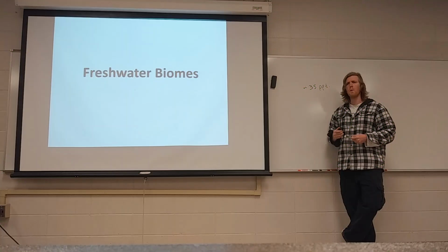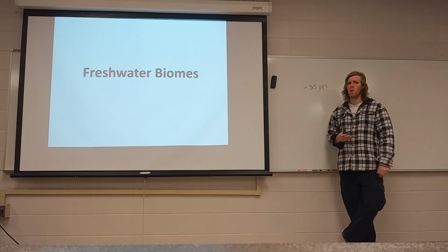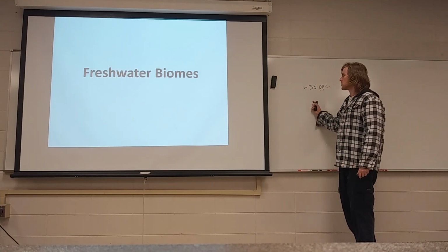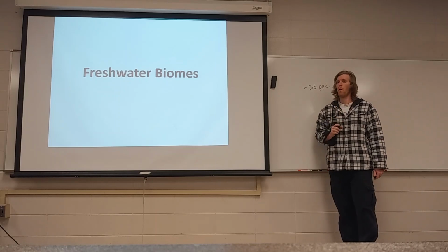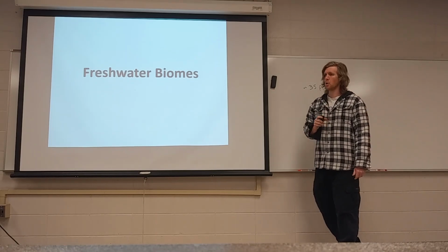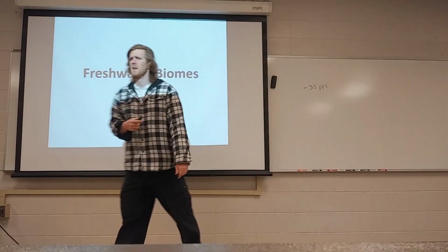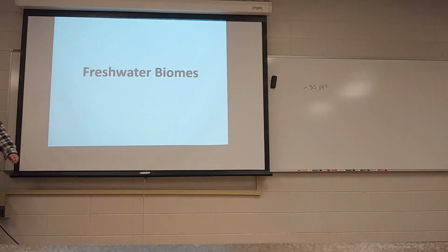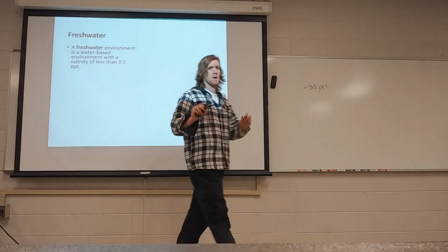But there's always going to be some salt in water, so freshwater is not going to be 0 parts per thousand necessarily. I would say every body of water, every river, every lake, including freshwater lakes and freshwater rivers, is going to have some salt dissolved in the water. So we need a cutoff, a threshold for what we consider to be fresh.